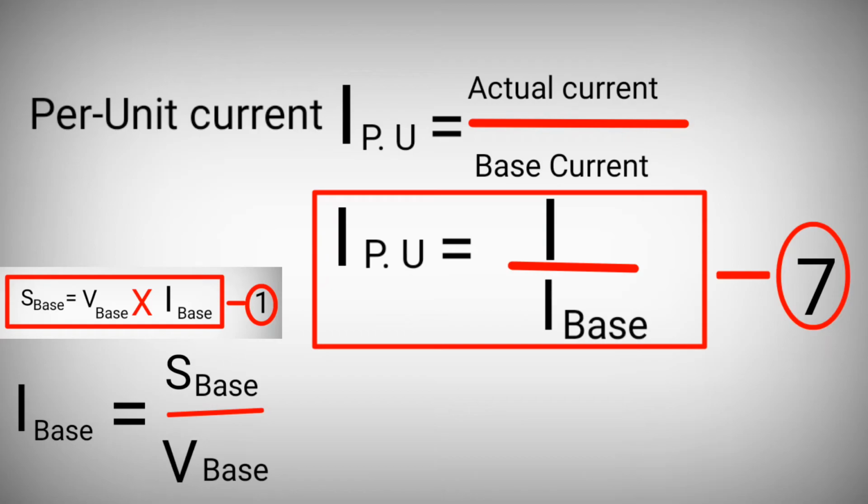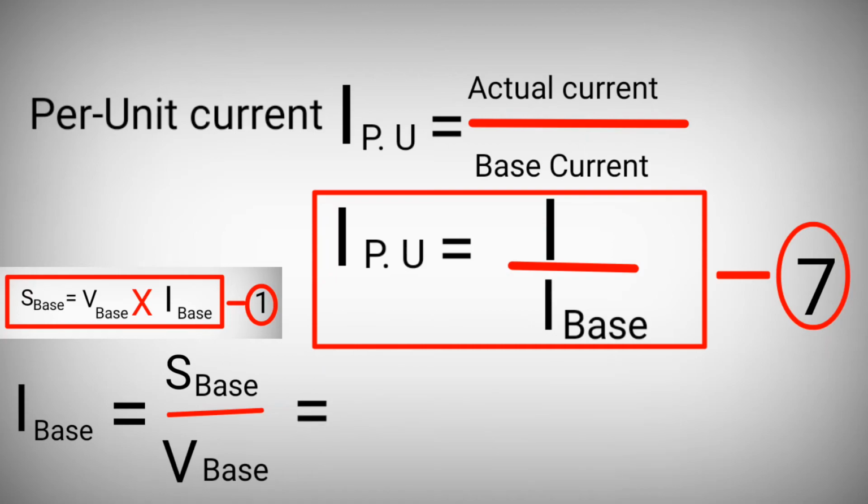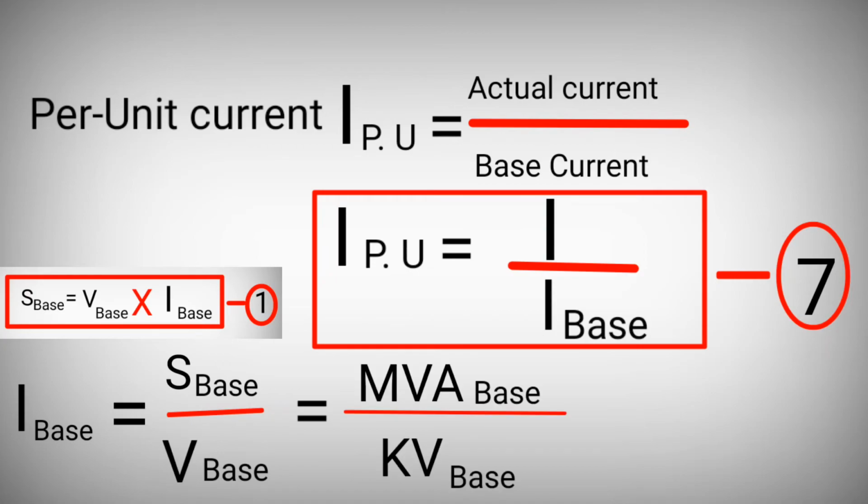Already we made a point previously. In a power system, commonly this base apparent power VA is considered as MVA and voltage V can be considered as kilovolts. I am replacing these quantities in this one. It becomes I base is equal to MVA base by kV base.